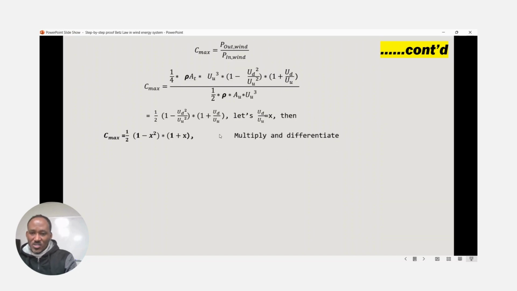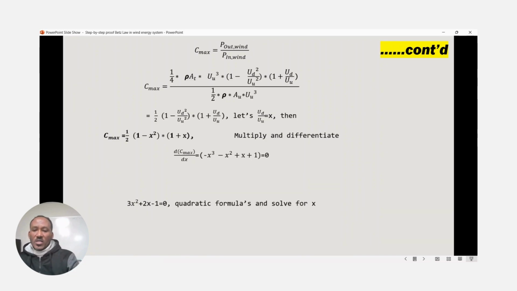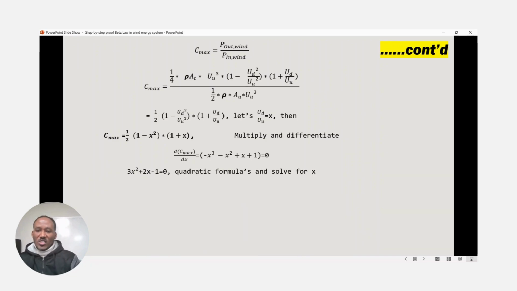Multiply this all out and differentiate as a function of X, first order derivative. To calculate the critical value, either minimum or maximum, the first derivative of the polynomial should be equal to 0. So this becomes a quadratic equation. Using the quadratic formula to solve for X, we found that X equals minus 1 and X equals 1 over 3.